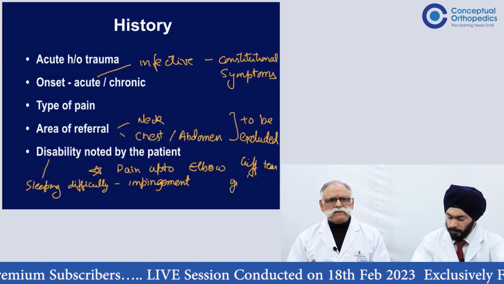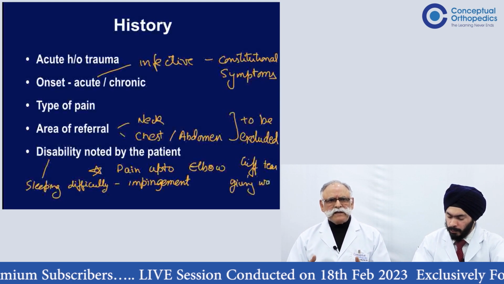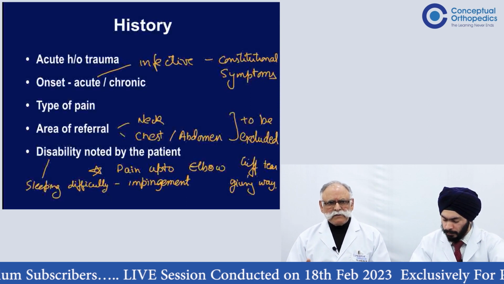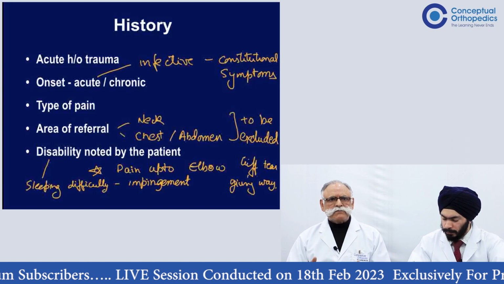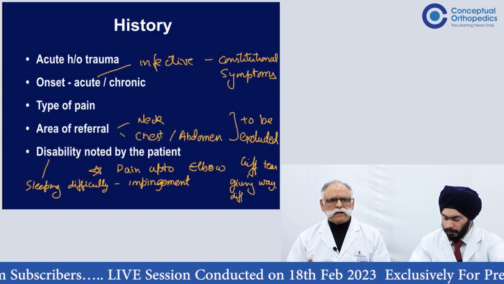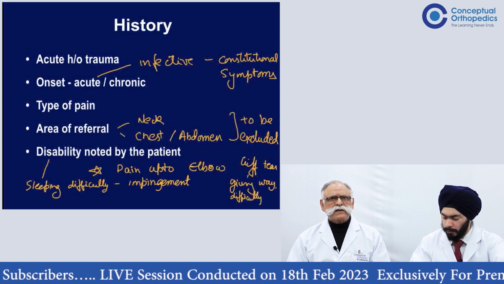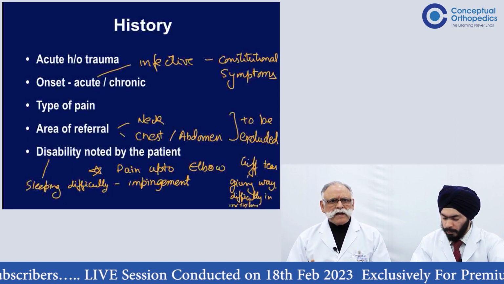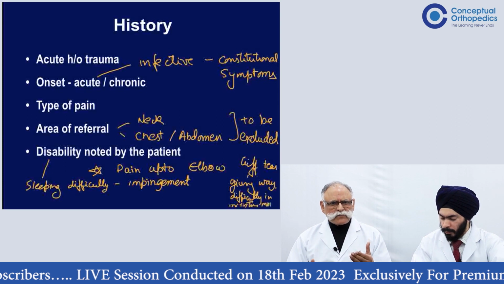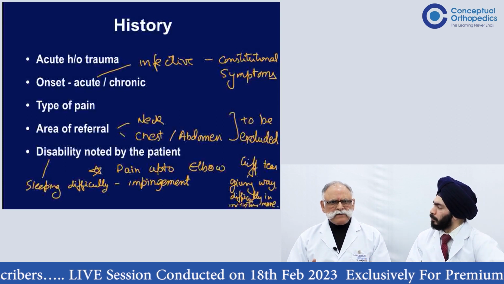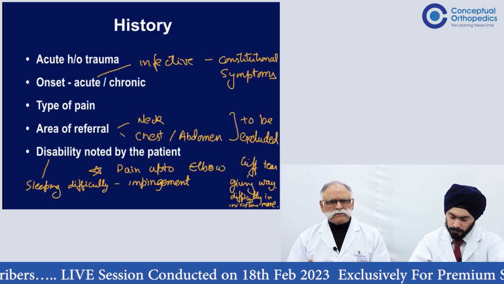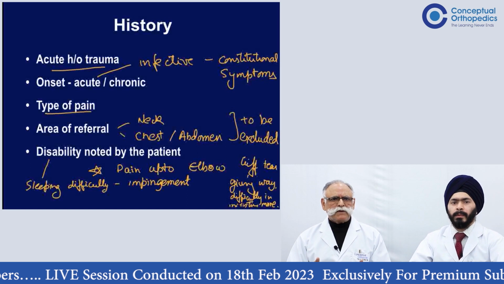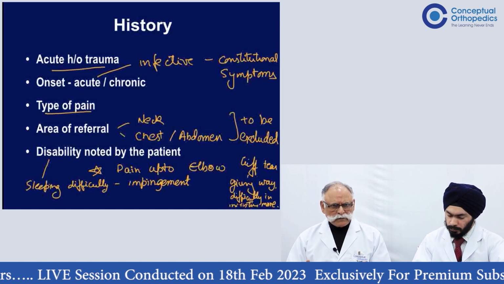Inability to initiate shoulder movement in a particular direction may indicate that the patient might have one or the other rupture. So the history of trauma and the history of pain are important features in a patient presenting with shoulder problems.